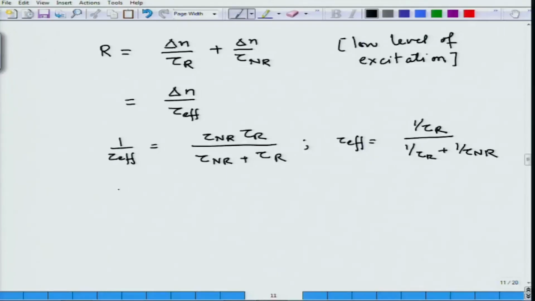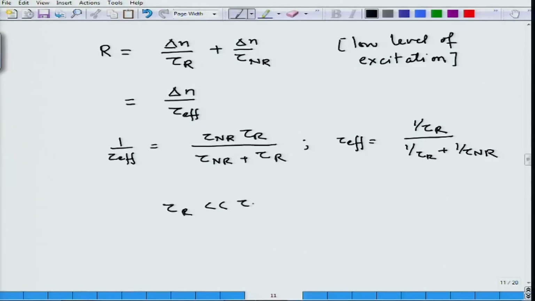Hence tau effective is an interesting parameter to tell about the efficiency of luminescence. If tau R is much less than tau NR, then this is good for luminescence, and this would be a good LED material.